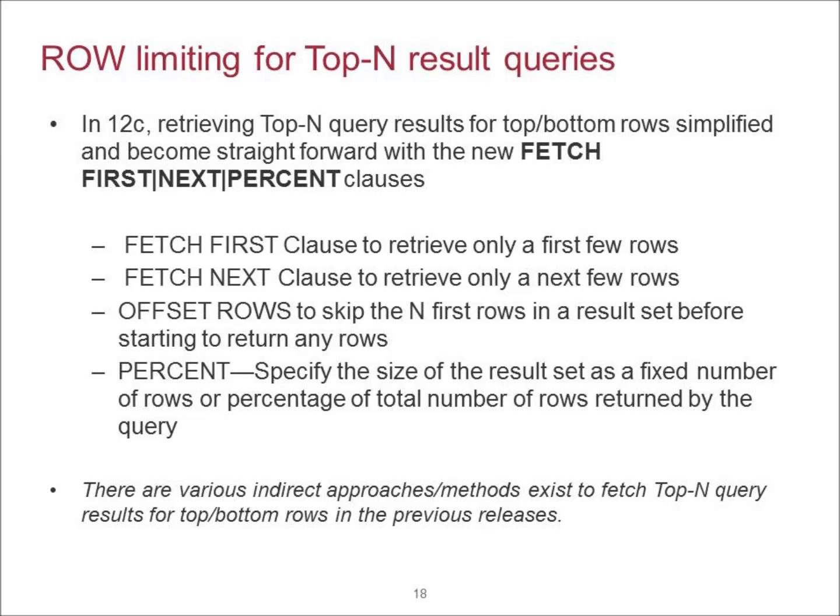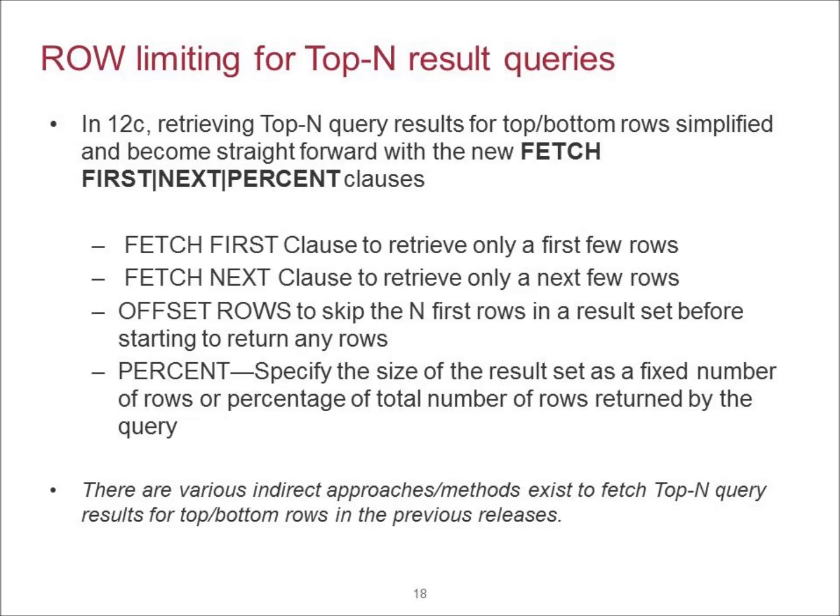Now let's look at row limiting for top-N result queries. This option is available in 11g or previous versions. What 12c has done is simplify it by using some new options, for example, fetch, first, next, percent.